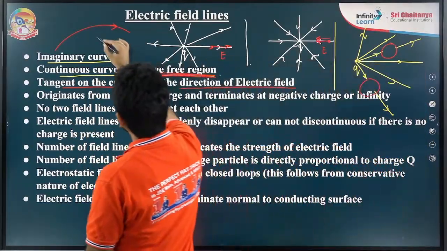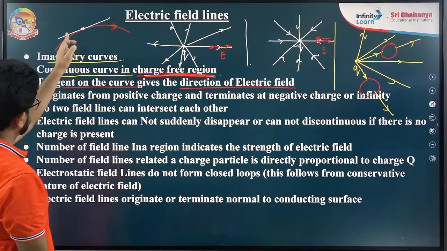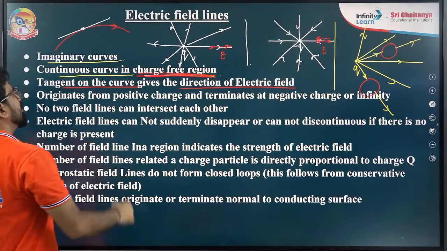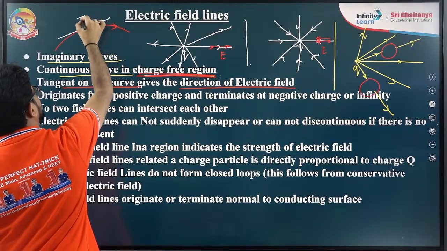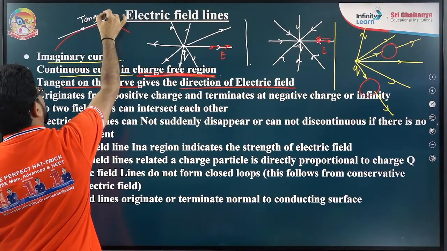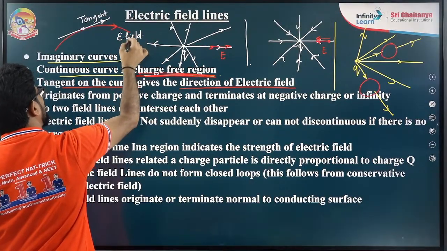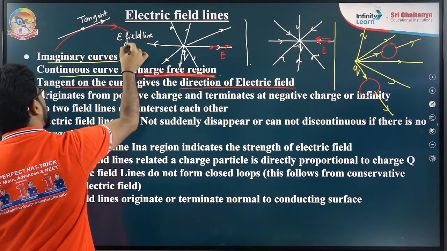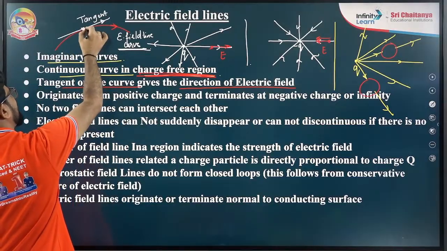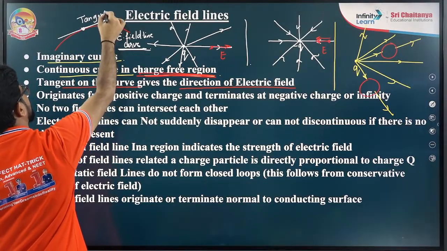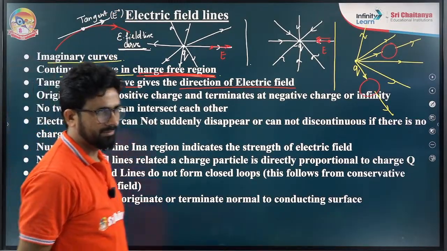If you draw the tangent on this electric field line, this tangent gives you the direction of the electric field.